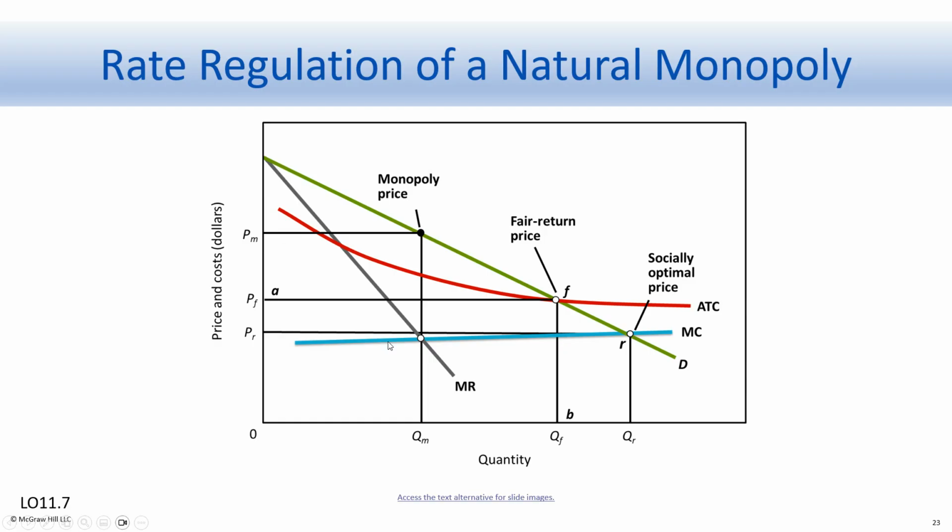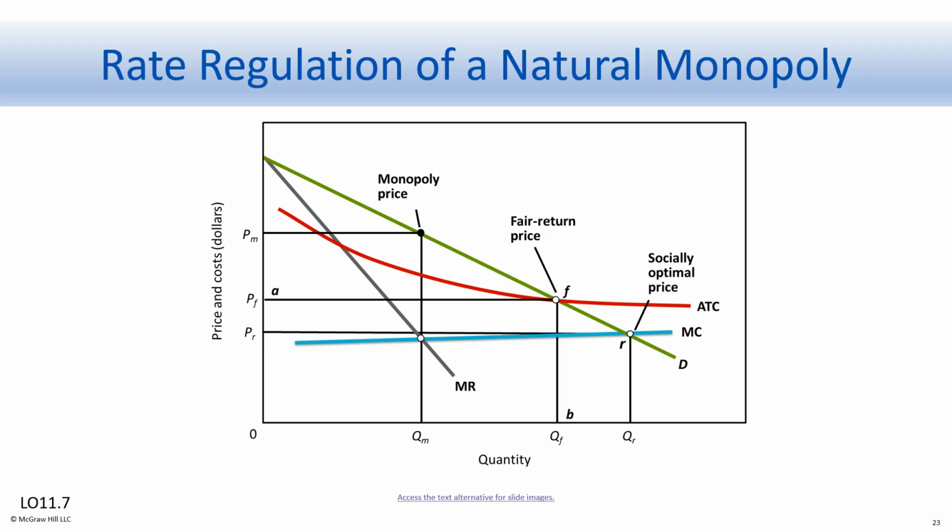But if they purely represented the demand side of the market, really, and try to determine what's in the best interest for society as a whole, they would constrain the firm to charge a rate equal to P sub R. But this won't work for the monopolist. And the reason why is because it's below the average total cost curve, okay?